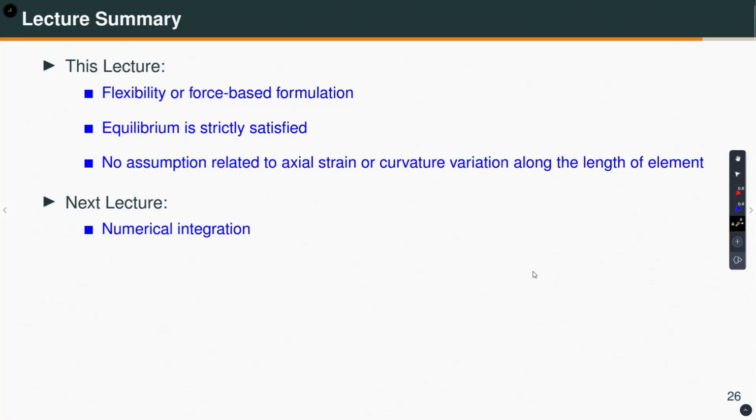Okay. In this case, equilibrium is strictly satisfied and no assumption is made related to the distribution of axial strain along the length of the element or distribution of curvature along the length of the element, unlike the displacement based or stiffness based formulation.